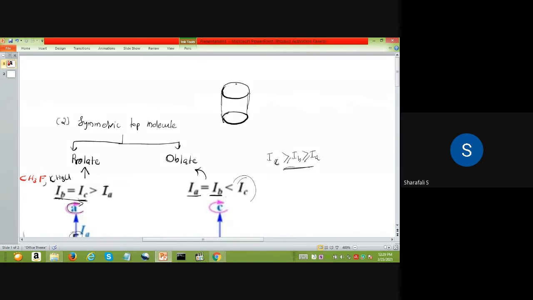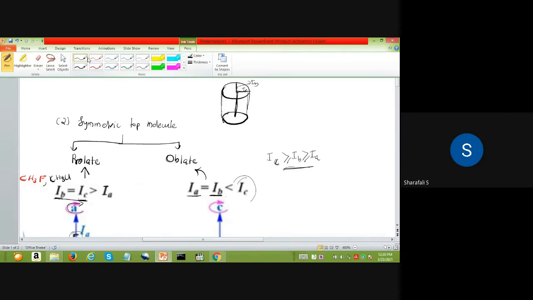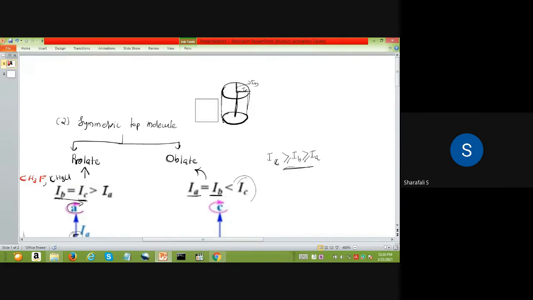So in this case, this is your IB and this is your IC. This one is IA, but this IA should be smaller. So when you draw that cylinder, it should be smaller.